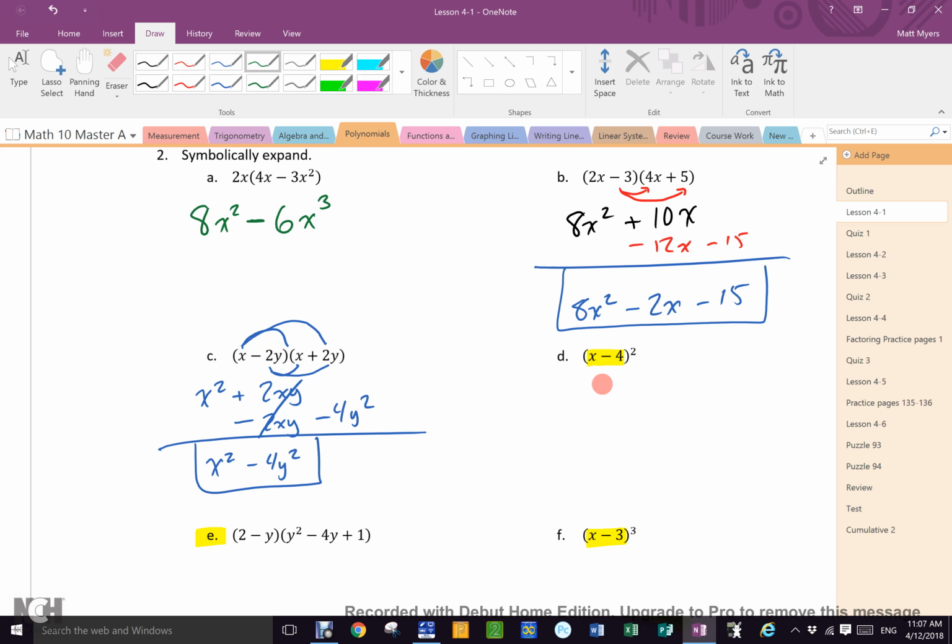What's tricky about D? What's weird about D? It's squared. What's the base? X minus 4. So it's x minus 4 times x minus 4. Is this a shortcut situation? Is it?